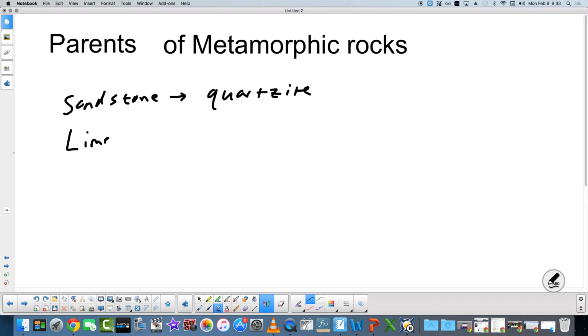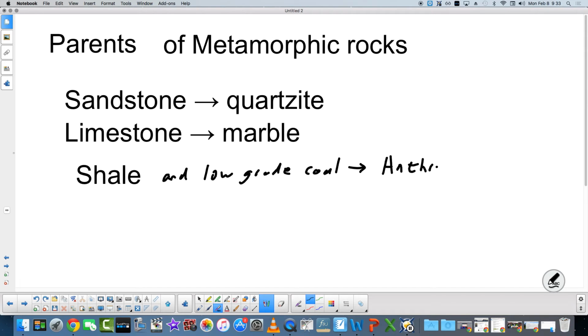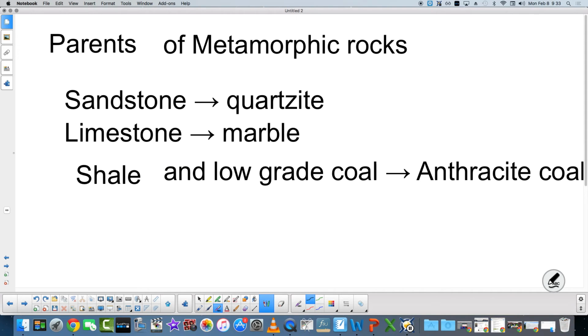Limestone tends to form marble. Low-grade coal can form anthracite coal, a high-grade coal. There are some who won't classify anthracite as a metamorphic rock, but it's gone through enough pressure changes that I would say it's more metamorphic than the other coals for sure.